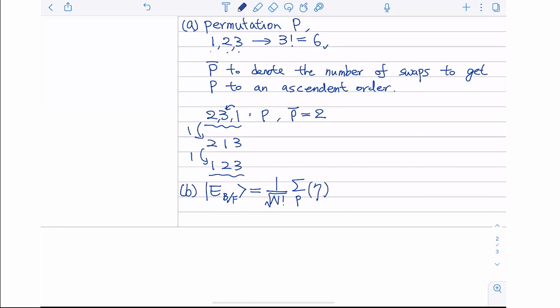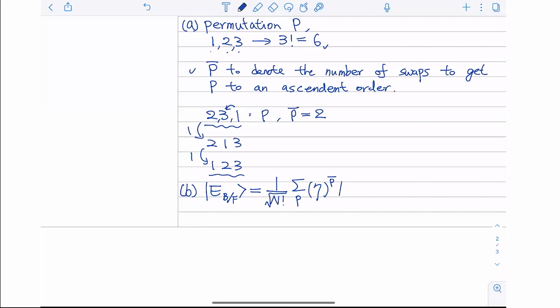The reason for that will become apparent a little bit later. And this eta is raised to the power of P bar. And here P bar is defined as we described, that it is the required number of swaps in order to get to the ascendant order permutation.